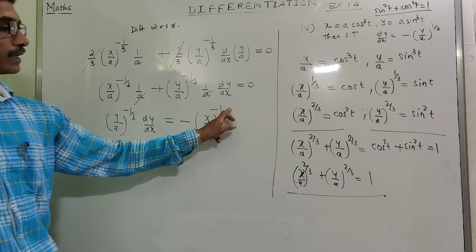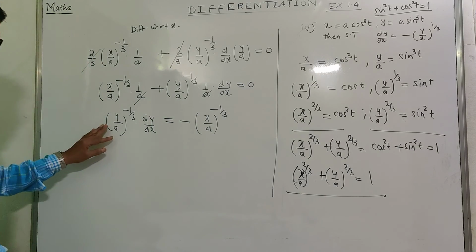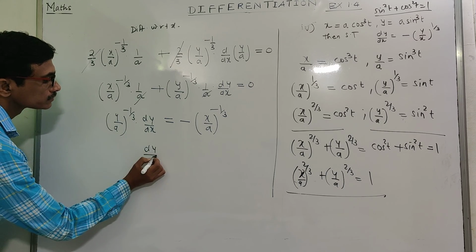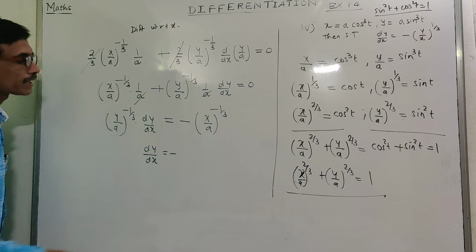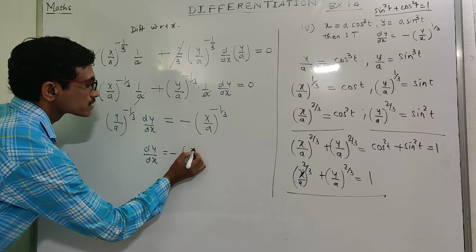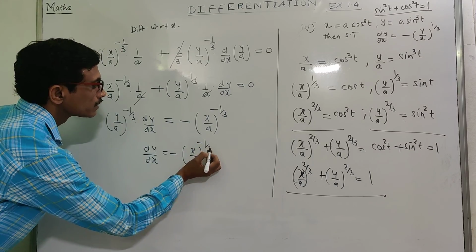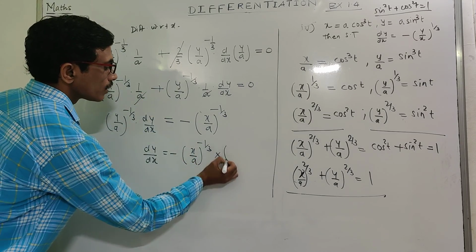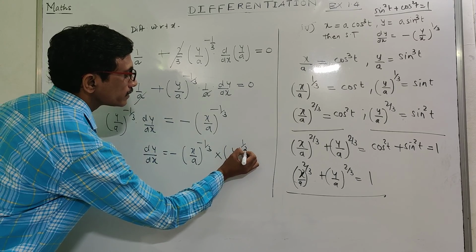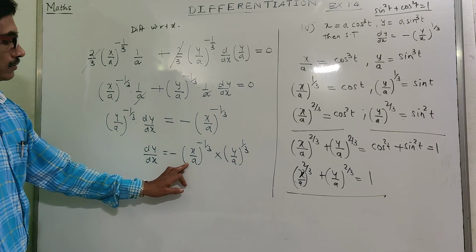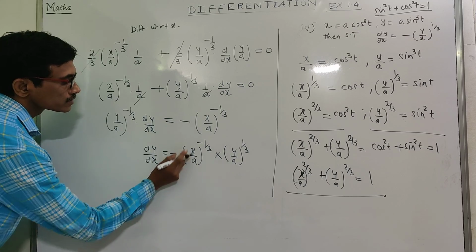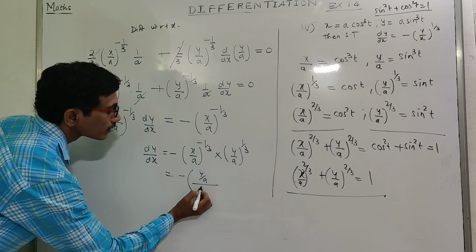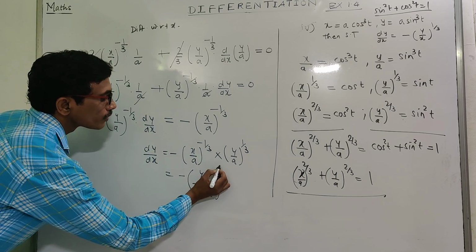As it is raised to power minus 1 by 3, it will go in the denominator. Now take dy by dx is equal to, minus sign is there, x upon a raised to power minus 1 by 3, and this will be in the denominator but raised to power minus, so it comes up and it becomes plus: y upon a raised to power 1 by 3. So this will go in the denominator: minus y upon a over x upon a raised to power 1 by 3.